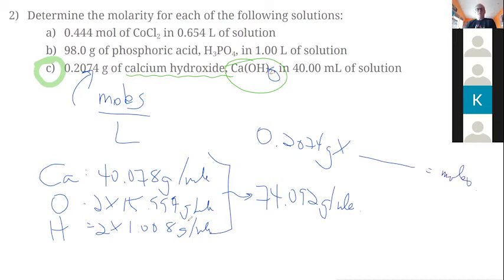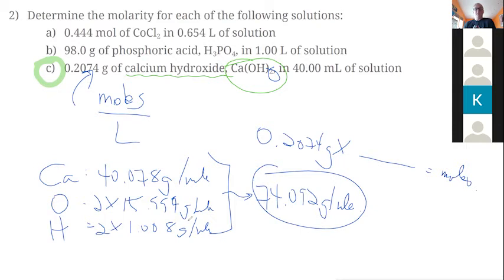So what am I going to do with this information? Again, I'm just doing a conversion from one unit to another. So I want to multiply by something that gives me the unit I want and gets rid of the unit I do not want.